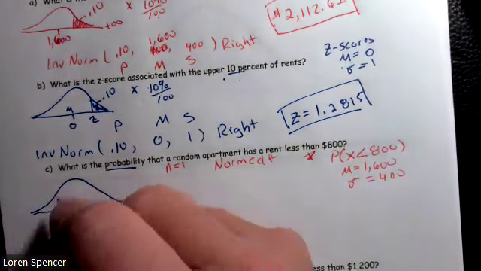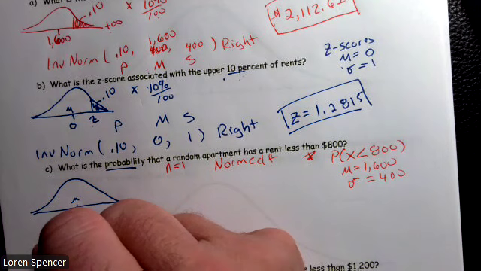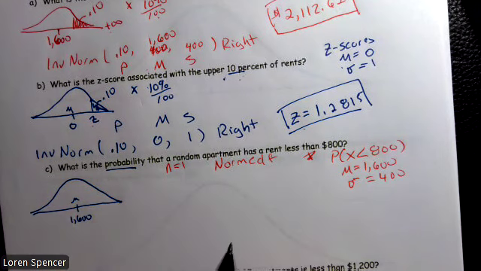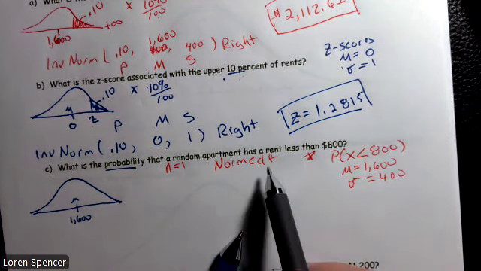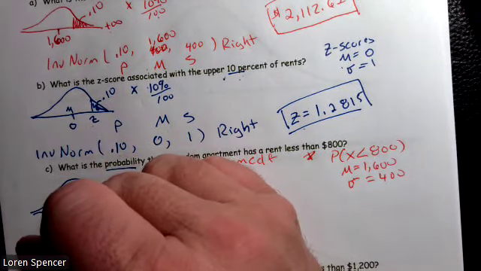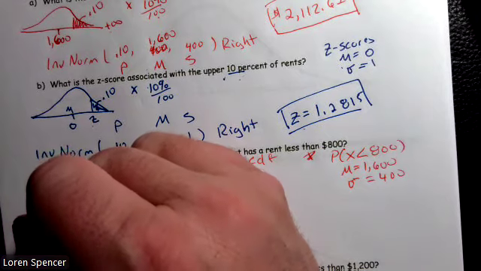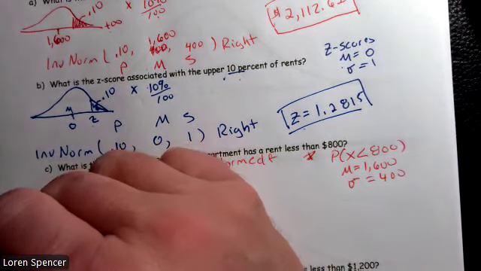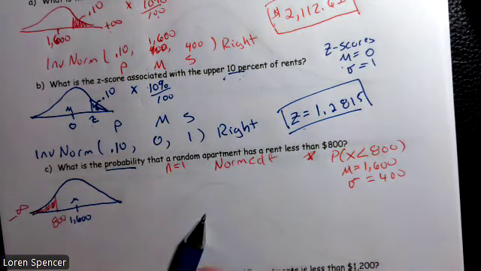So our mean is set at 1600, and 800 is below it. So I'm going to put the 800 down here. And we're shading this way. And remember, you're shading to negative infinity.